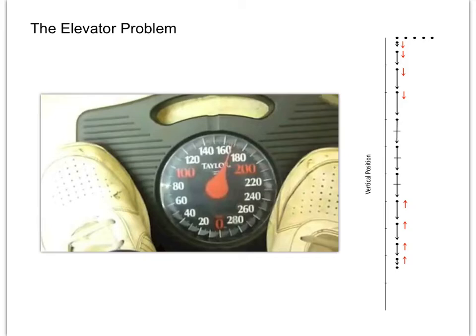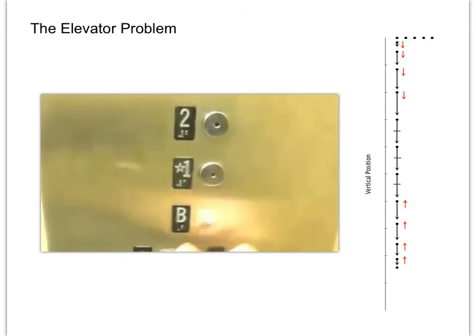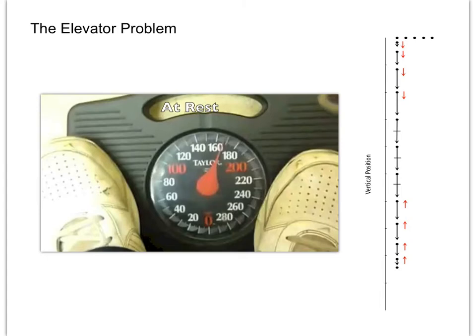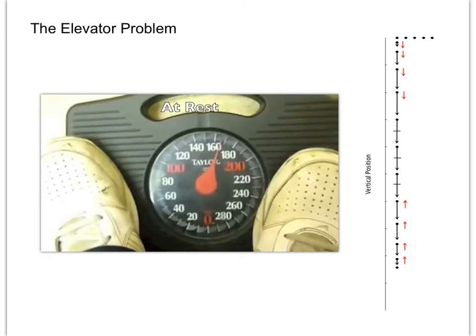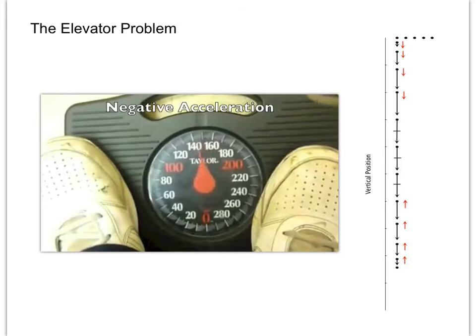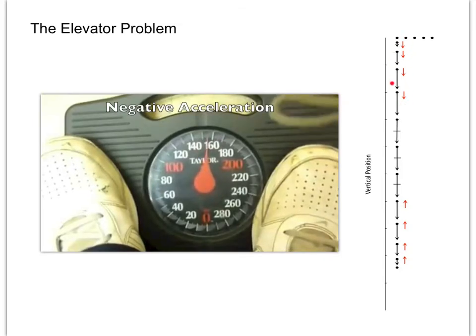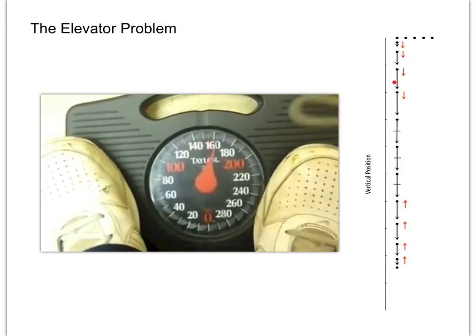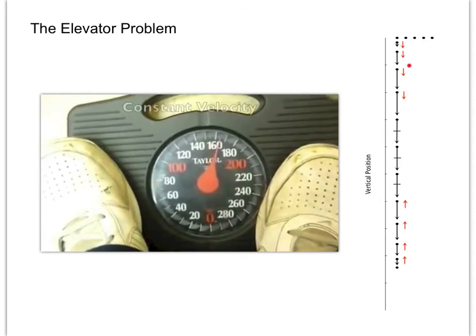Let's play it again, and this time let's look at our motion map. In the beginning, you'll see that we are at rest, which goes with this part of the motion map, these dots, right? They're stacked sideways, and then when the elevator starts to move, we notice that the acceleration is downwards, and the weight actually reads smaller.